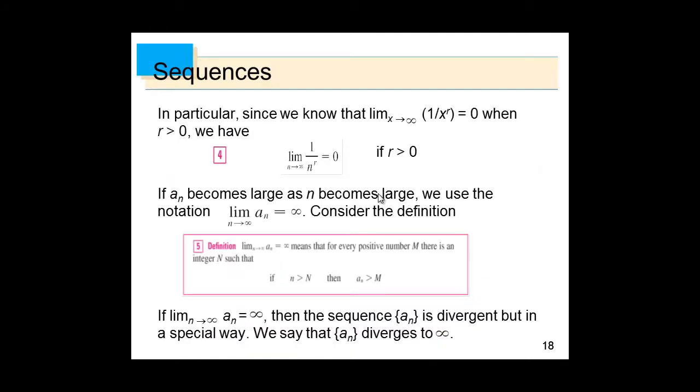So in this example we are applying the previous theorem. I have the function 1 divided by x to the r, where r is a fixed positive constant. Okay, then the limit of 1 divided by x to the r is what, as x goes to infinity? Well, as x goes to infinity, the numerator stays the same at 1.